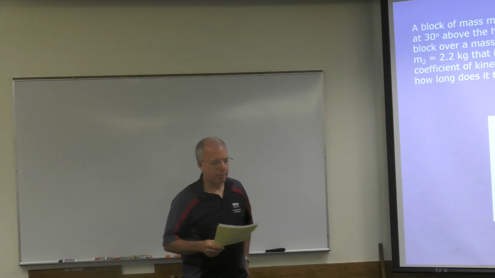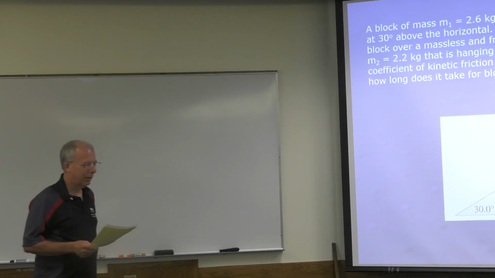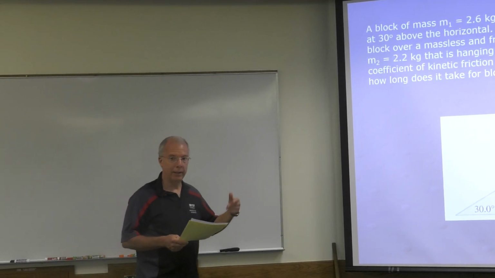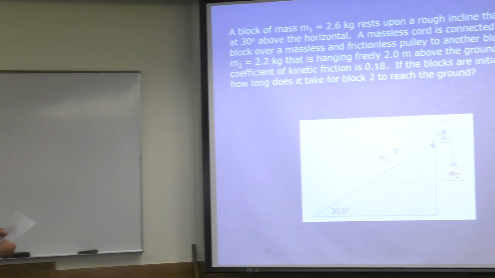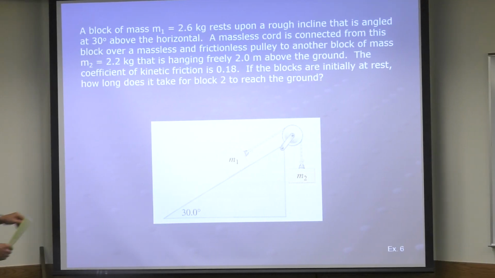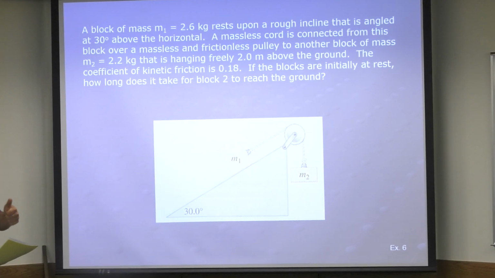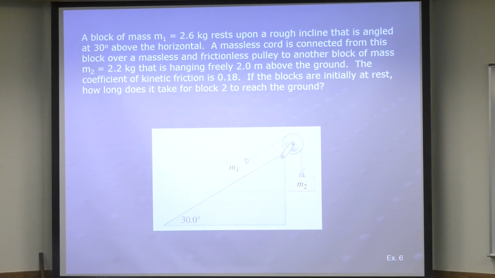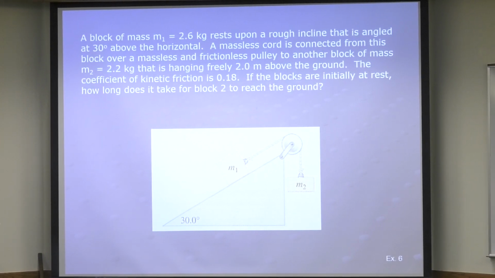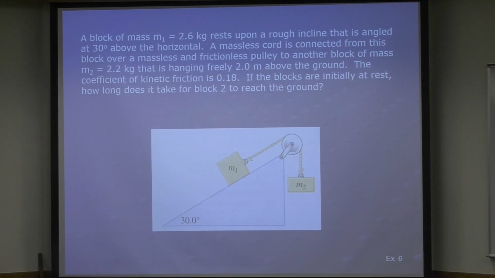All right, so here's another problem, and there's a lot of little, I call them curveballs in this one, so that's why I want to do it. A block of mass m1 equals 2.6 kilograms rests upon a rough incline, so we have friction, that is angled at 30 degrees above the horizontal. A massless cord is connected from this block over a massless and frictionless pulley.